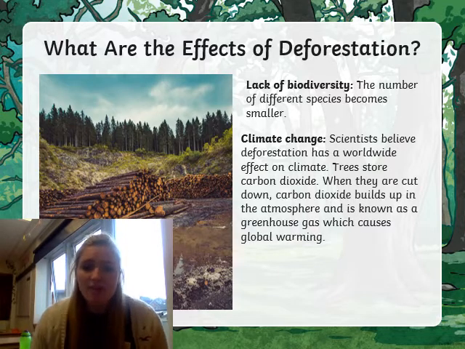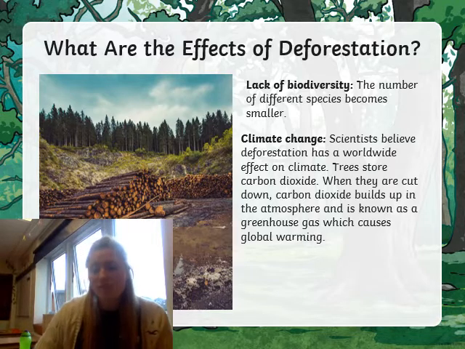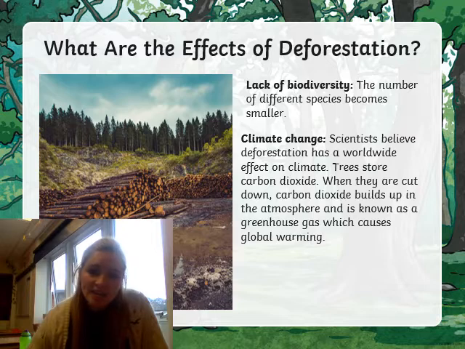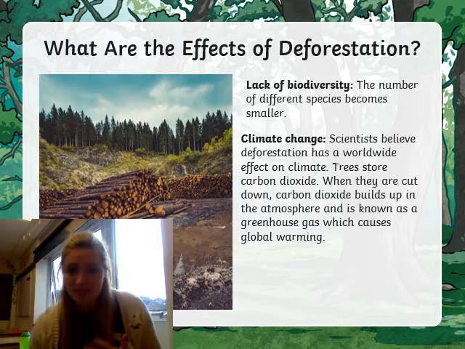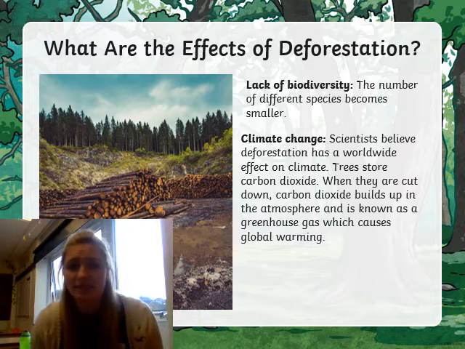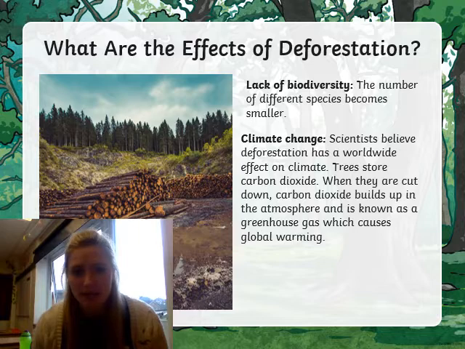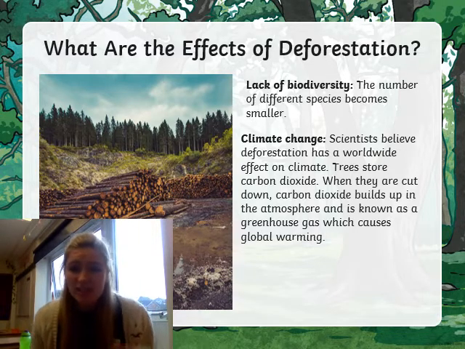Climate change is something that we're going to be looking at greatly in the next couple of weeks. Climate change is when the weather changes and has negative effects on our planet. Some scientists believe that deforestation is having such a massive effect on our climate because carbon dioxide is released when they cut down the trees.